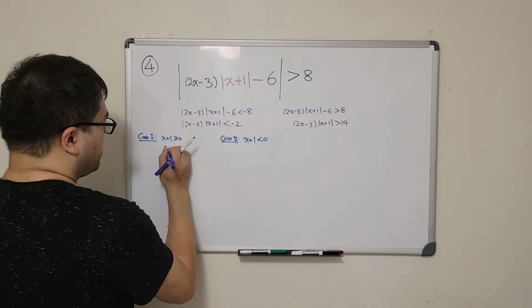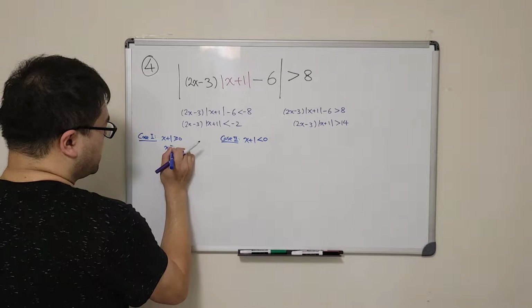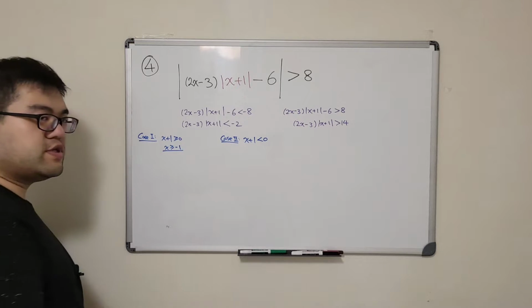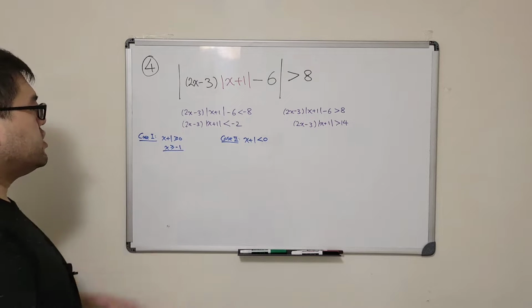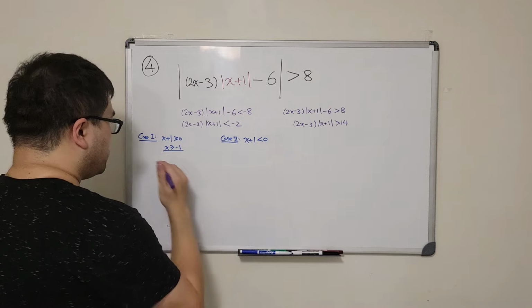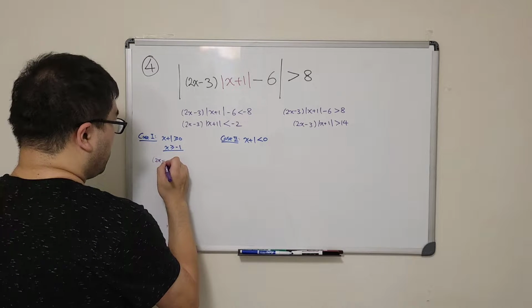For case 1, we can rewrite the condition into x is greater than or equal to negative 1. And remember, this is our condition here. So let's plug it in.